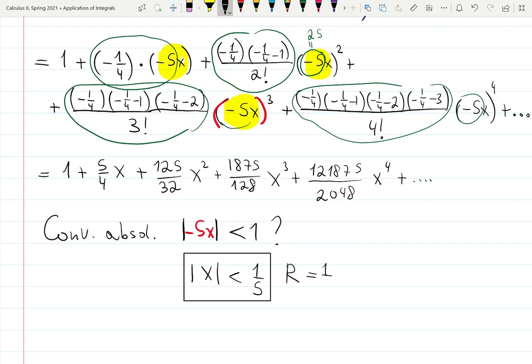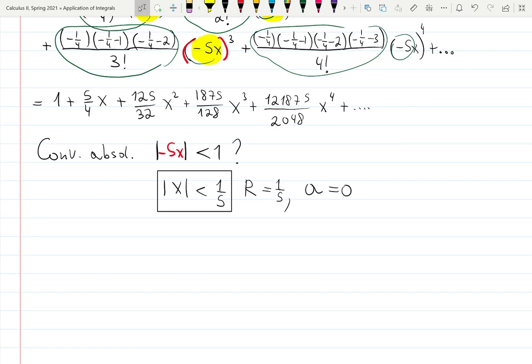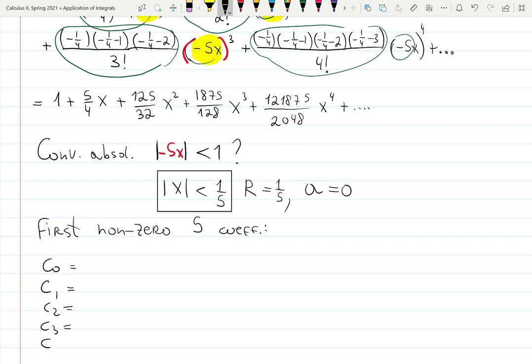Radius 1/5, center 0. Now, if you are asked to find the first 5 non-zero coefficients, for example, if your homework asks for that, let's find the first 5 non-zero coefficients. That's probably a more proper way to say it. It's going to be c sub 0, c sub 1, c sub 2, c sub 3, c sub 4.